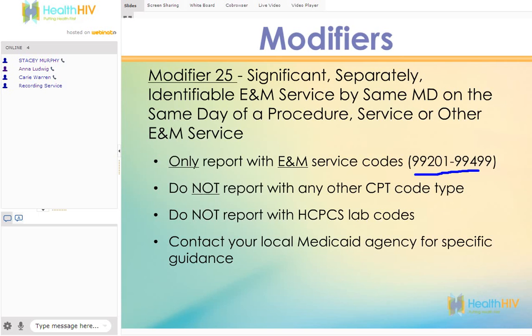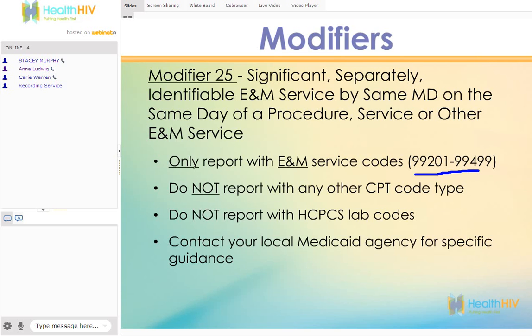But there are some G codes that we didn't discuss during this presentation because it really didn't apply. But just as an FYI, there are some G codes that you can utilize modifiers on because that payer specifically stated that that's what they wanted.